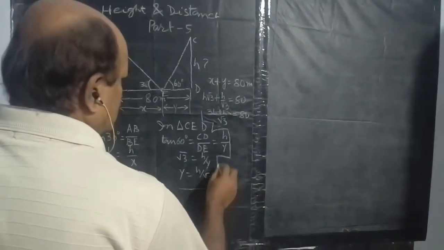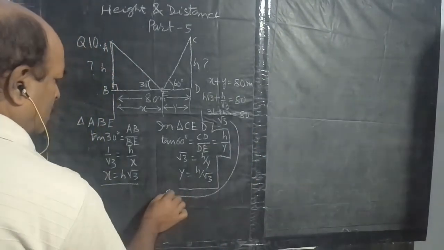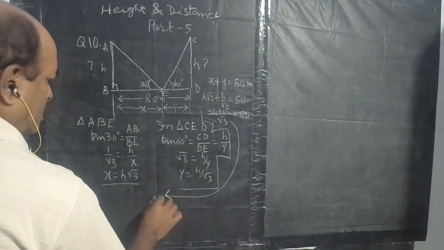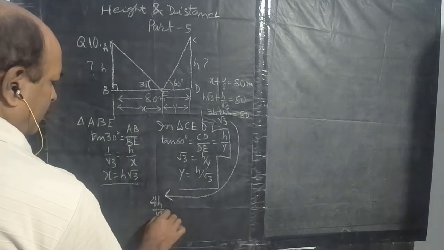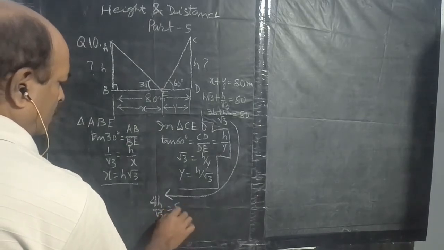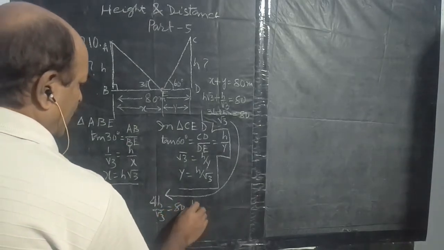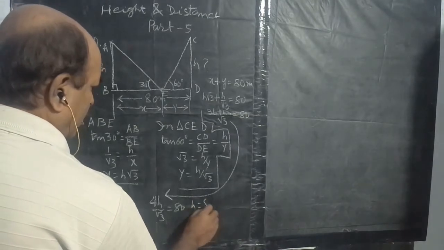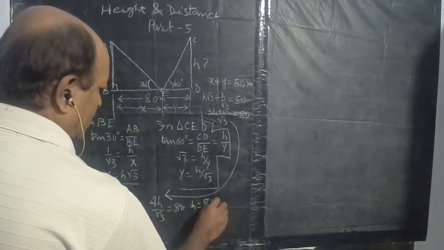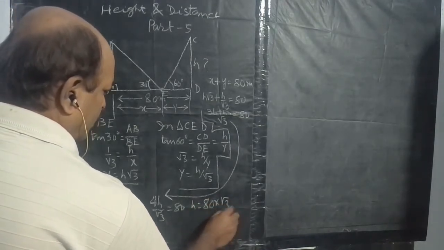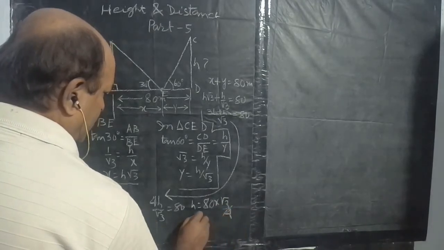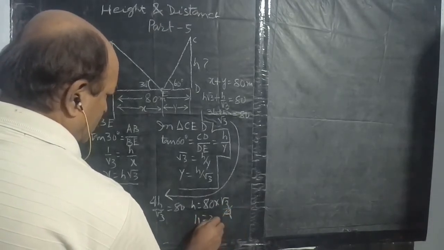So 4h upon root 3 is equal to 80. The h is equal to 80 into root 3 upon 4. That means h is equal to 20 root 3.